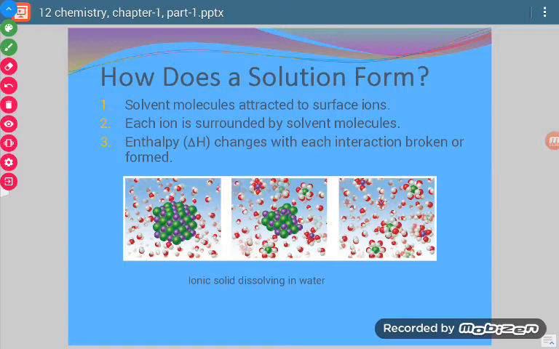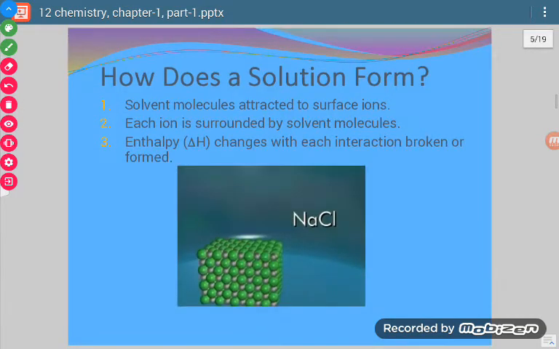Okay, from this diagram you can see that this is an ionic substance. So what is happening? This ionic substance is broken and then the ions are surrounded by solvent molecules. So this is the procedure.